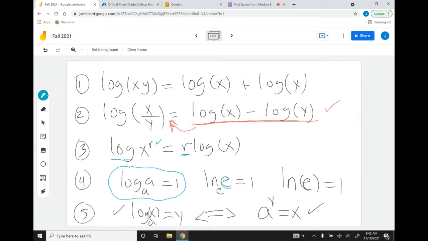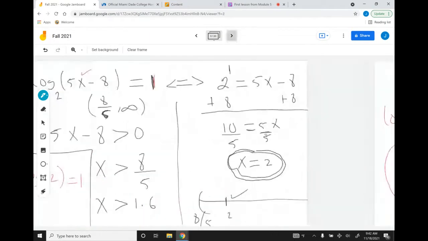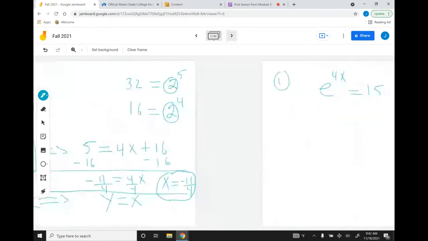That's going to make the computation a lot easier. I don't have to use a calculator. So the reason why I'm applying ln, because the base is e, is because I want to move the exponent to the front.